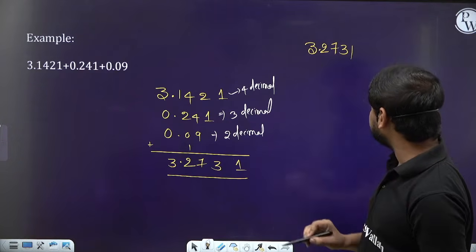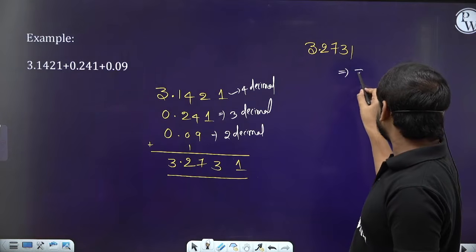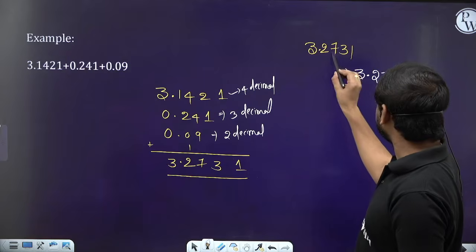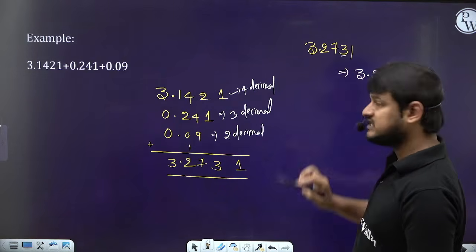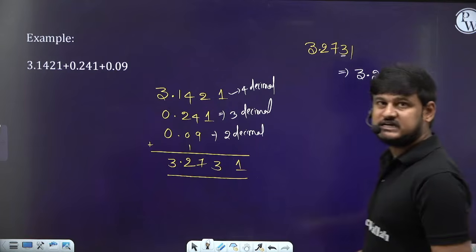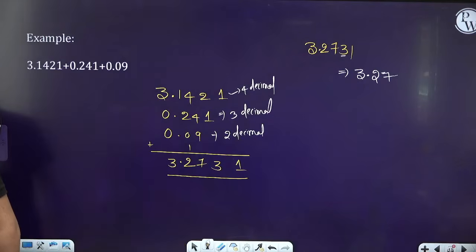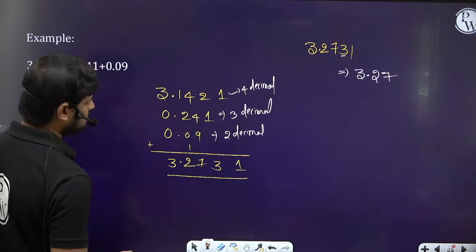So after 2 decimals, check the next one. This one is 3, so 7 remains the same because it's not greater than 5. Rounding off concept clear? So it's going to be 3.27. Understood?